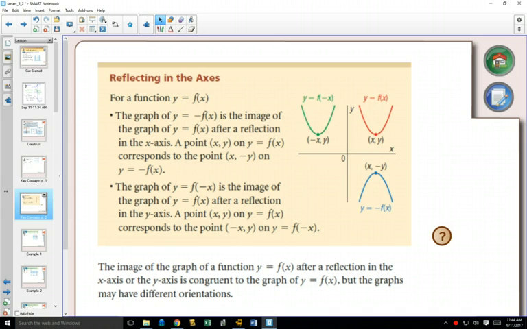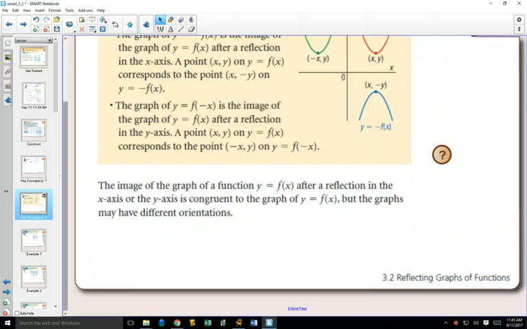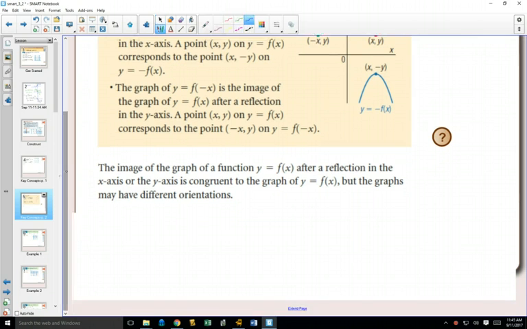I would like you to add the following notes to the left of this. I'll write them at the bottom, but on your page you have a column to the left-hand side where you can write some notes, correct? So just to the left of this yellow box, we're going to write the following notes.